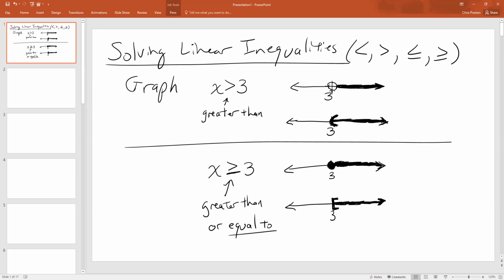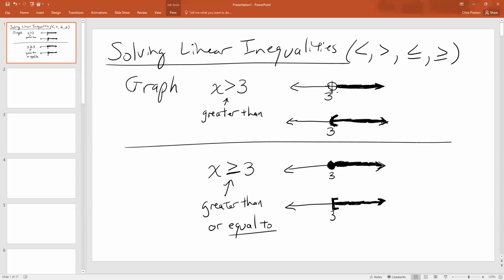Some people like the circles better because you don't have to decide if you're going left or right before you get started. But you'll notice a lot of textbooks will use the brackets and the parentheses. So you should know both, because you don't know in the future what people are going to use. And so you should understand how those match up.